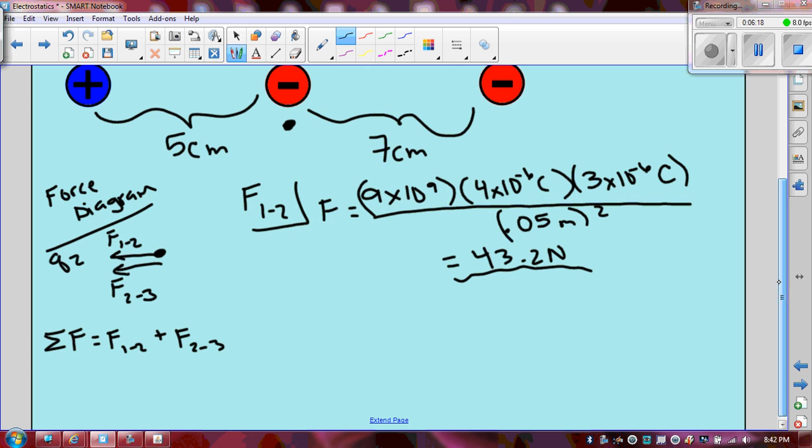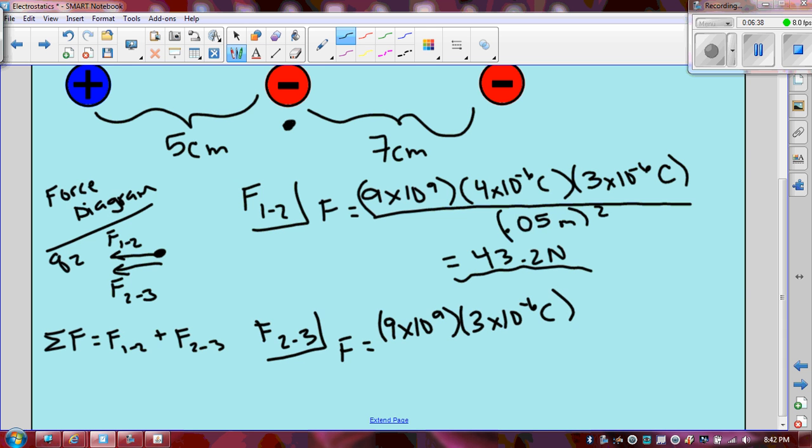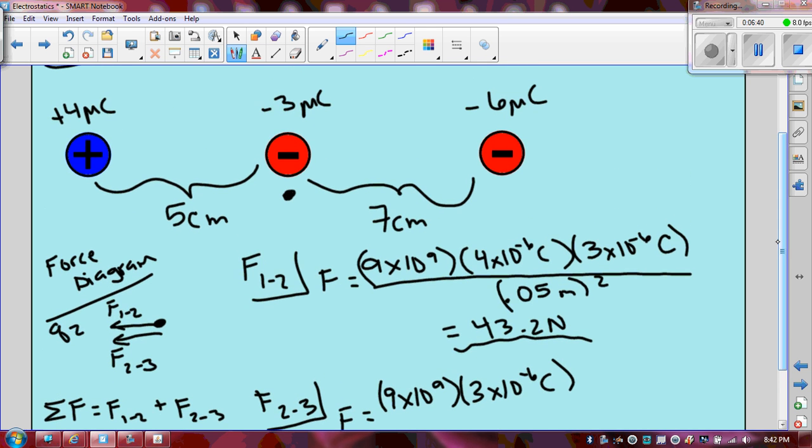All right, now let's do the exact same thing, but now we're going to look at the force experienced just between charge 2 and charge 3. So we're going to set it up just like before. That force is going to be equal to 9 times 10 to the ninth. The charge of Q2, remember, was 3 times 10 to the negative 6 coulombs. And then if we scroll back up, charge 3 is the negative 6 microcoulombs.